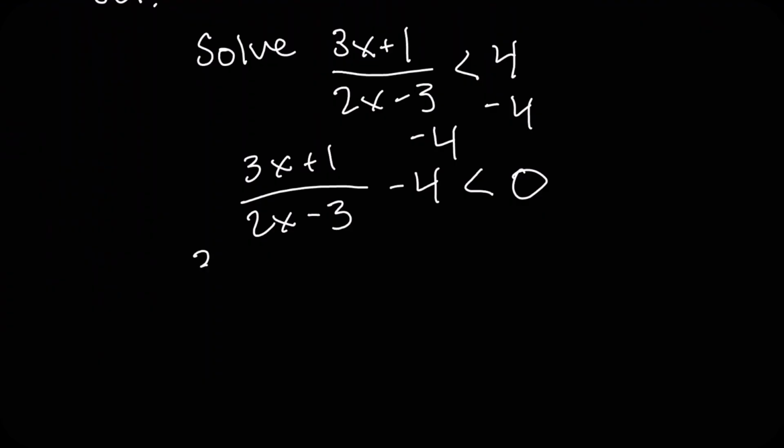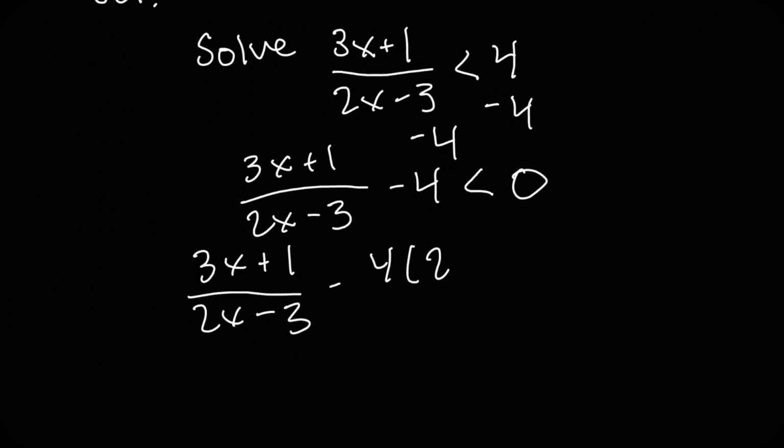So 3x + 1 and then 2x - 3. If we want to subtract the 4, we need to have a like bottom. So we can subtract the 4, but we also need to multiply by (2x - 3) over (2x - 3).